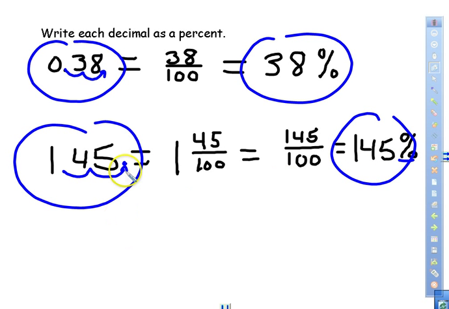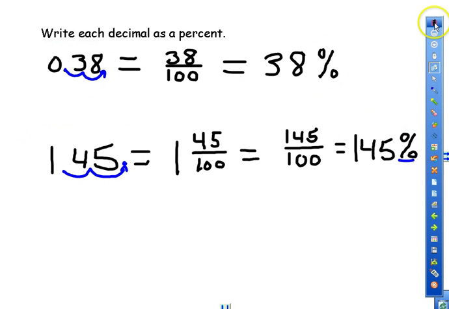All that's changing is that decimal point, and that is really important that we do it in that manner. Okay? So we have to make certain that we're moving the decimal point 2 places to the right if we're adding a percent sign on. If we are getting rid of it, you move it to the left 2 times, because again, it all revolves around that number 100. This is another way of solving these.